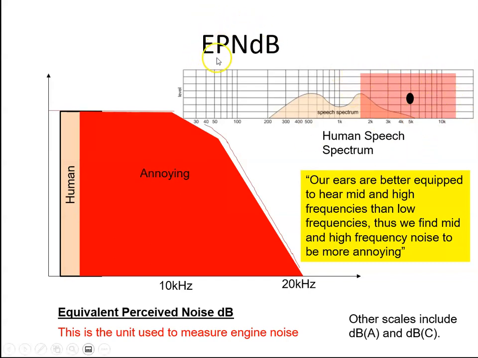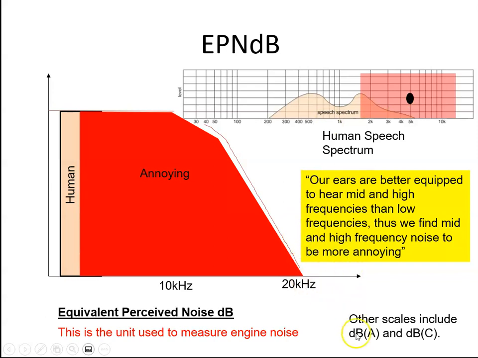The noise levels at which engine noises are measured is the equivalent perceived noise decibel. So that's the unit we use for gas turbine engines. And just to clarify again, it's just penalizing those frequencies in those upper ranges that annoy the human ear.